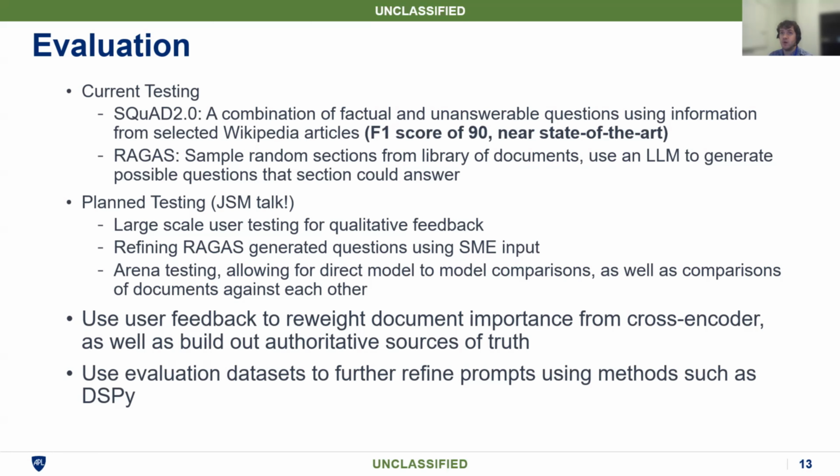So Squad 1.0 was all about Wikipedia. If you get Wikipedia articles, can you answer questions using only the Wikipedia articles to get the right answer? So this is a question of, okay, if I ask about the capital of a specific country, does it pull the right Wikipedia article and then get the answer right?